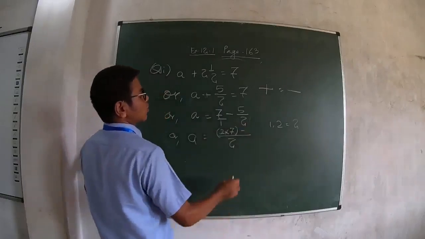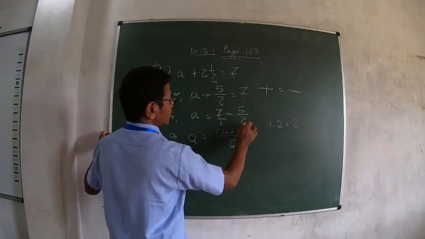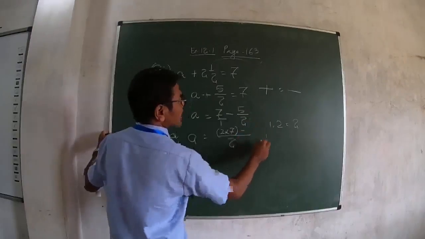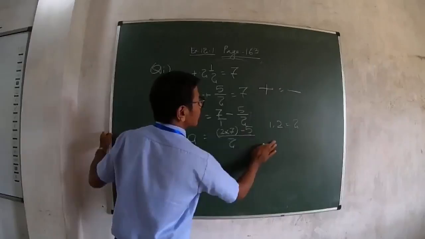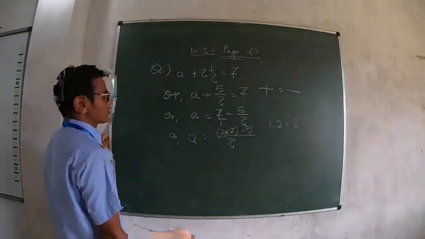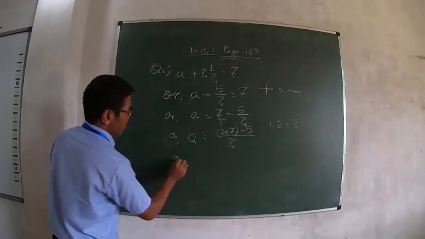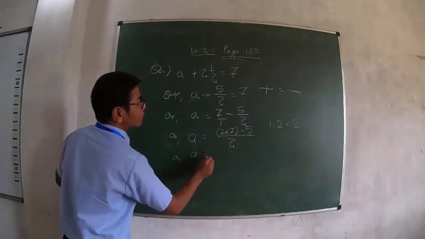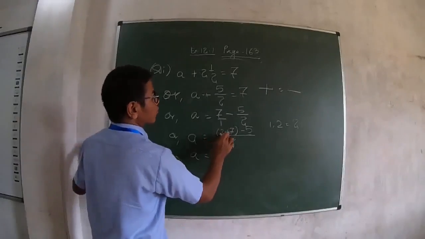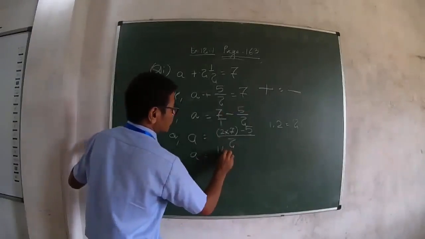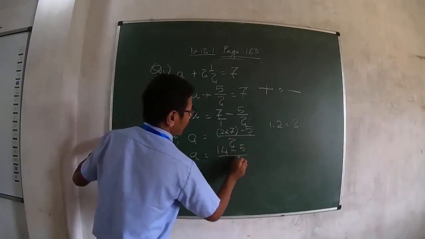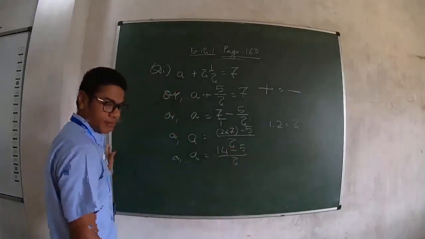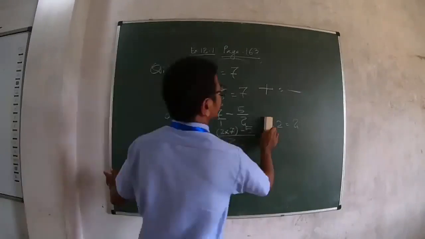So 2 divided by 2 is 1, 1 into 5 is 5. This is simple. You all know how to do. Please see: A equal to 2 into 7 is 14 minus 5 by 2. Please check properly. It's very simple.